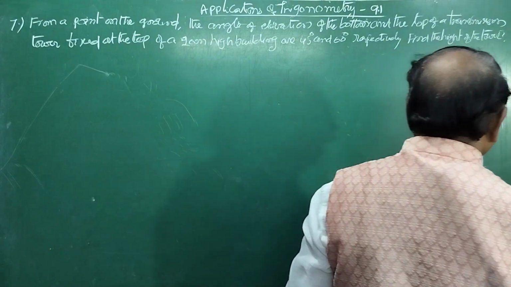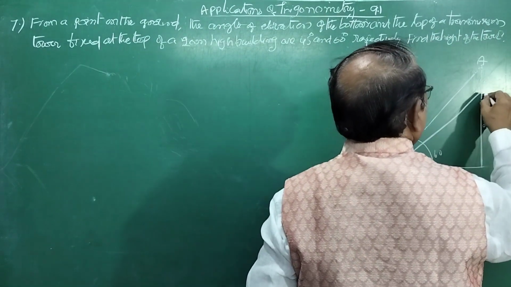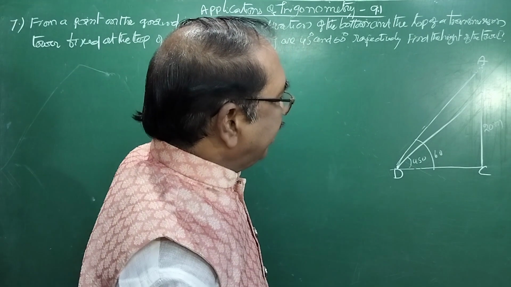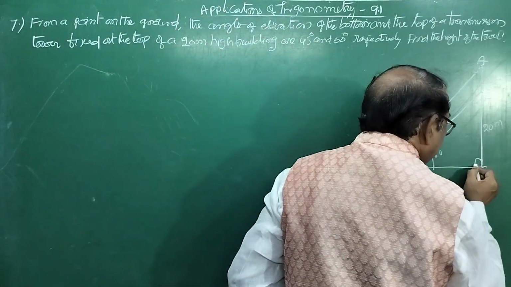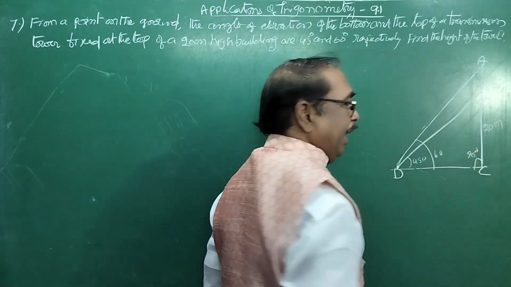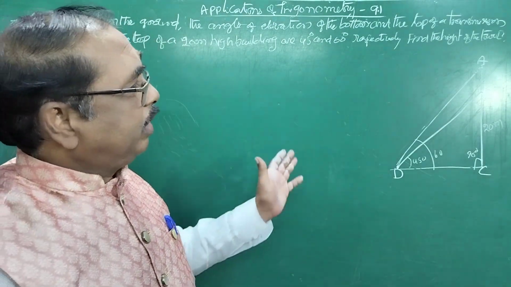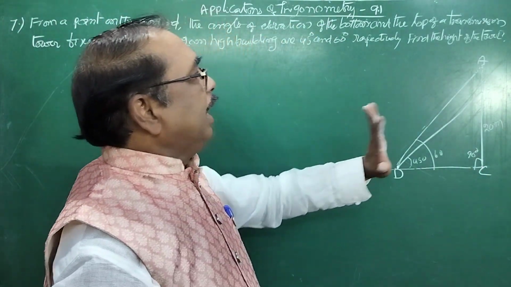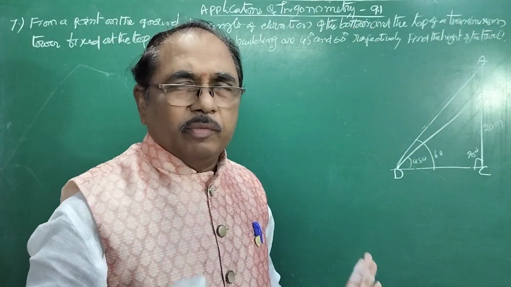Let us name it A, B, C, D. Yes, it is a right angle triangle. We are talking about trigonometry. All are right angle triangles. Let us find out the tower height.